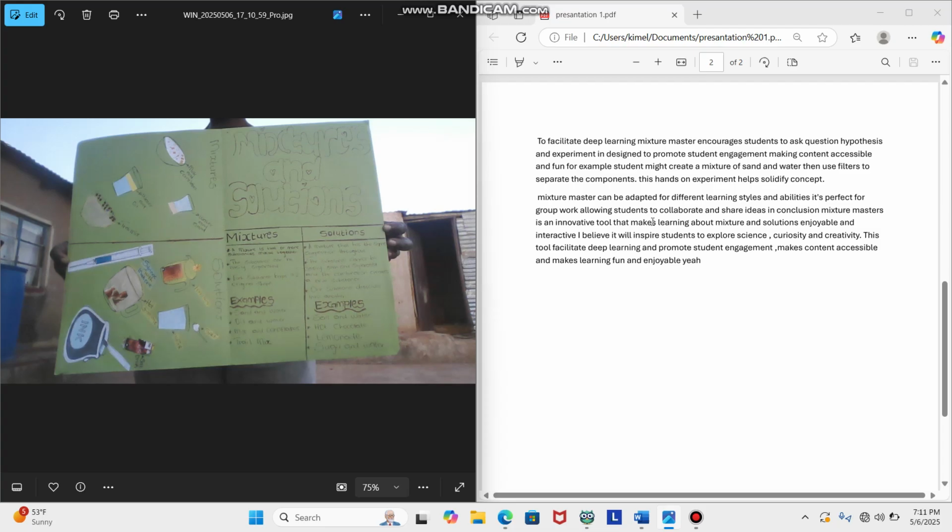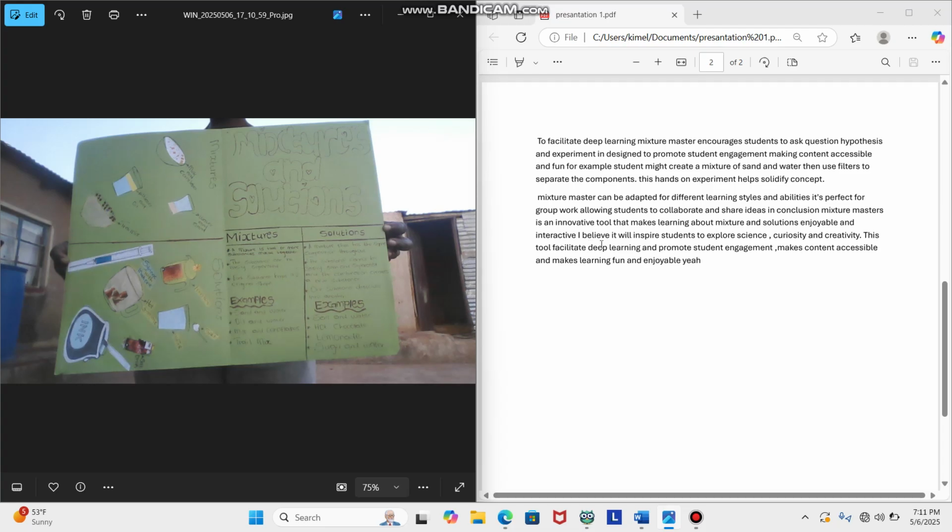Mixture Master can be adapted for different learning styles and abilities. It is perfect for group work, and it allows students to collaborate and share ideas. In conclusion, Mixture Master is an innovative tool that makes learning about mixtures and solutions enjoyable and interactive.